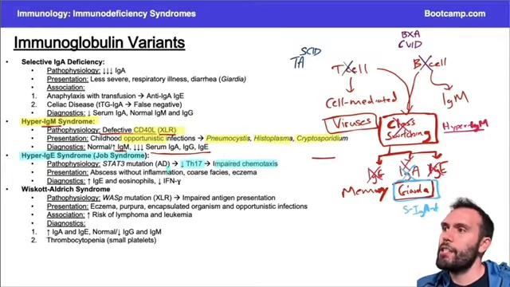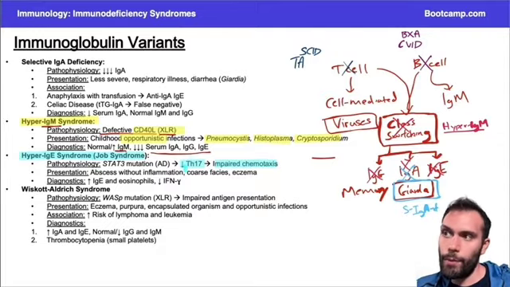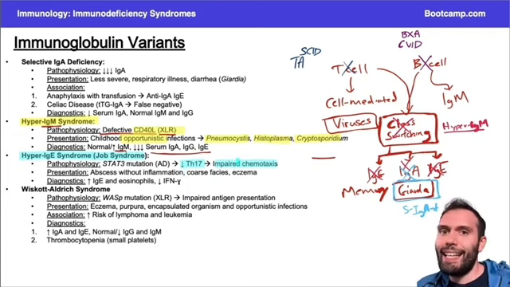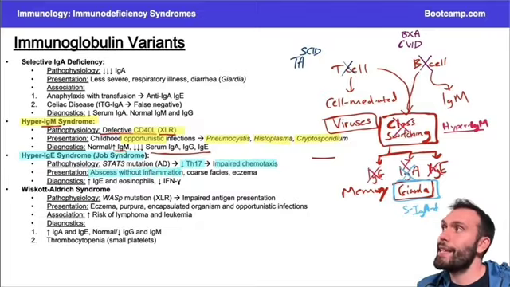And again, this is going to be one of those situations where if I don't have neutrophils, right, when we talked about the acute inflammatory response, we need our neutrophils to help generate that response as well as our macrophages. And so if I can't get them to the site of the infection, we're going to have walled-off infections, abscesses, but we're not going to have inflammation because I can't get the neutrophils to the site of infection.